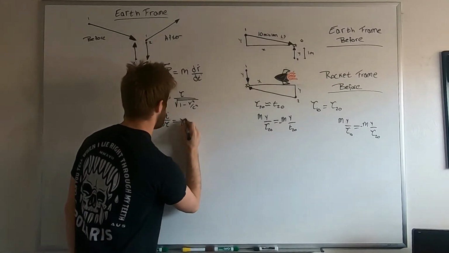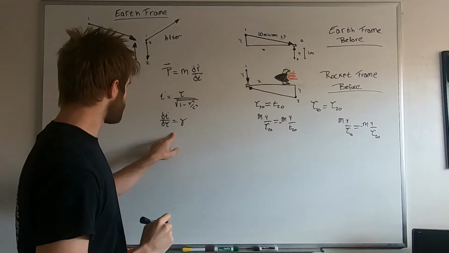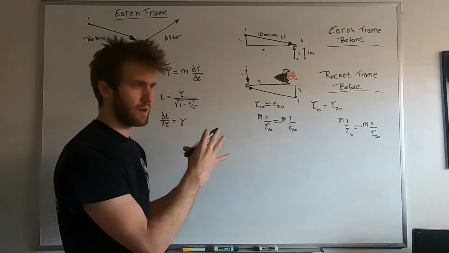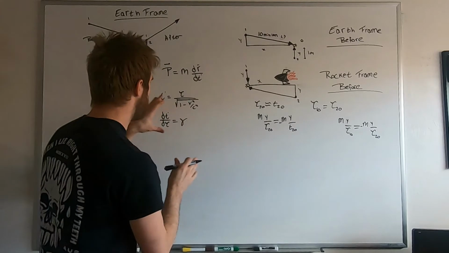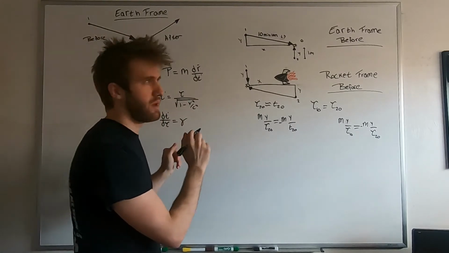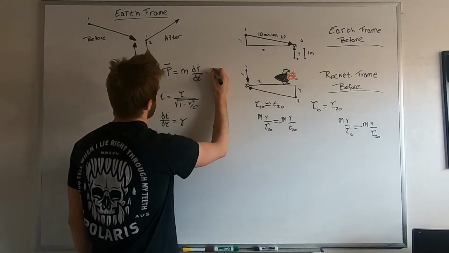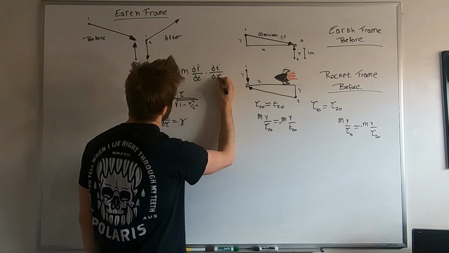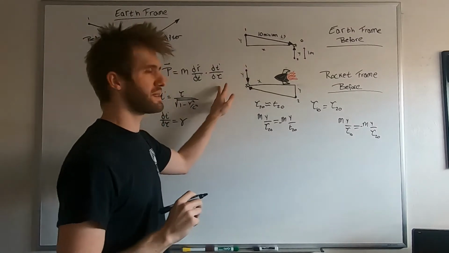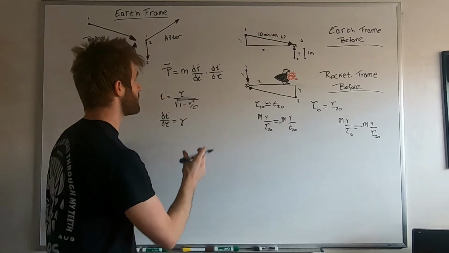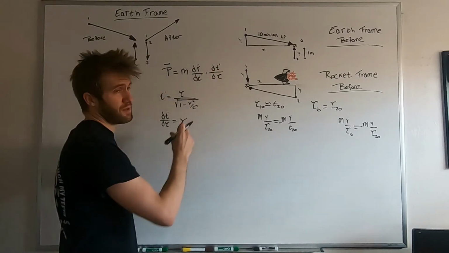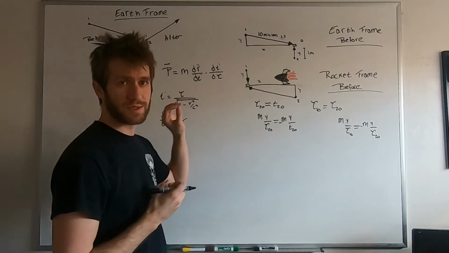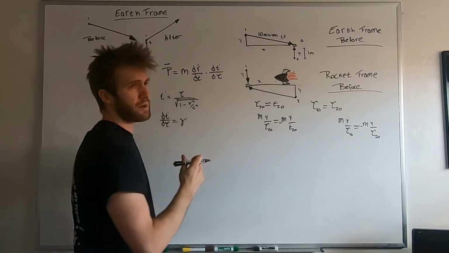So let's multiply our old momentum equation by this ratio, dt prime over d tau. And what is that? We've already established what that is. When we substitute this form in for our old equation, this ends up just becoming gamma.